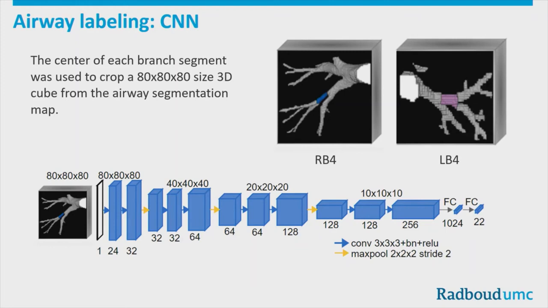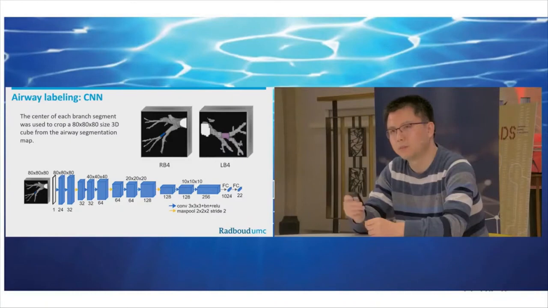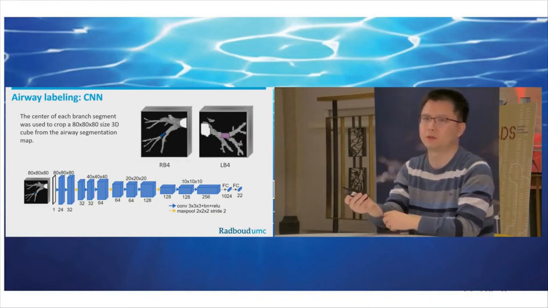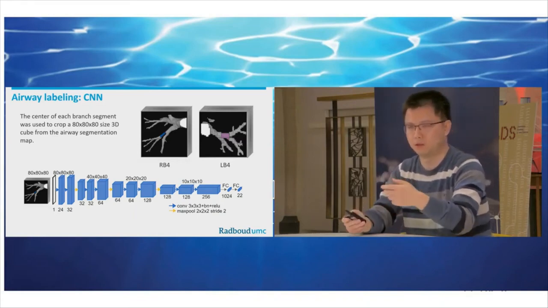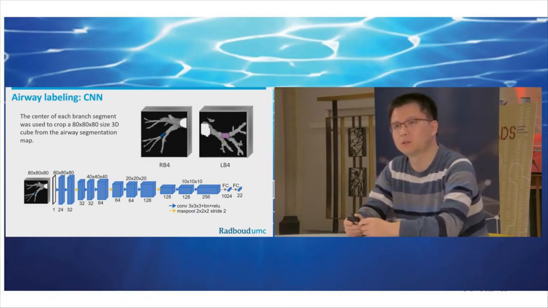For instance, the branch in the center, we give 0.9, and the rest of the branches, we give 0.5. And the background, we give 0. So it's basically a label map as an input, of size 80 cubed. In the end, after training this simple convolutional network, we have a representation for each branch, which is 1024 dimensional.